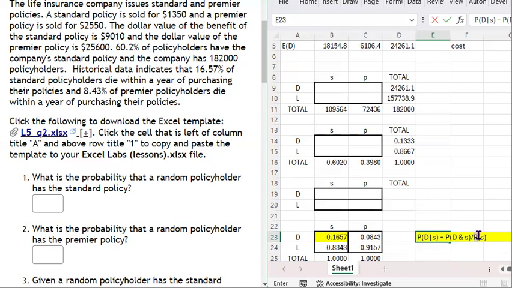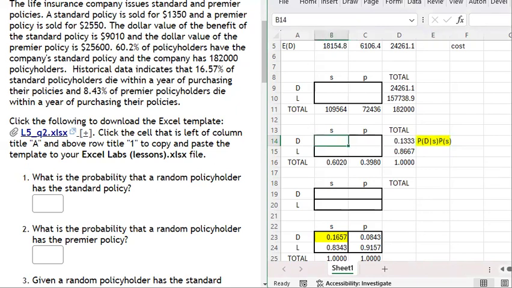Now I can multiply both sides by the probability of S, right? And I get this. So to calculate the joint probability, I multiply this conditional probability by that marginal probability, right? So this value here is that product, right?